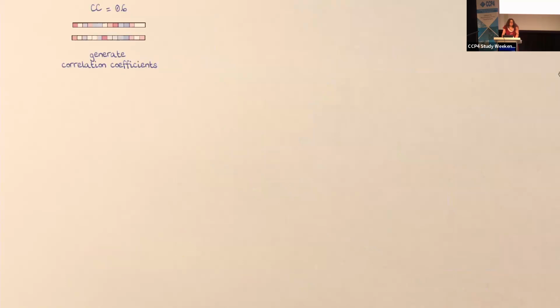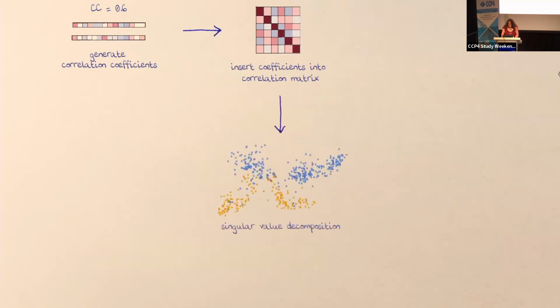We can then take those correlations and put them into a giant correlation matrix. And from there, we can do singular value decomposition. And this gives you a dot for every protein. And you can see that the similar proteins here have clustered together. So these are the proteins with similar conformations.